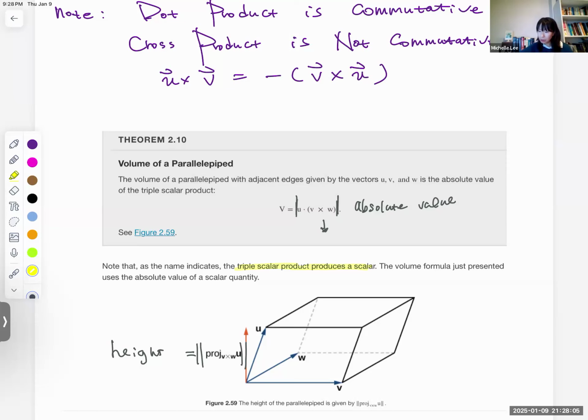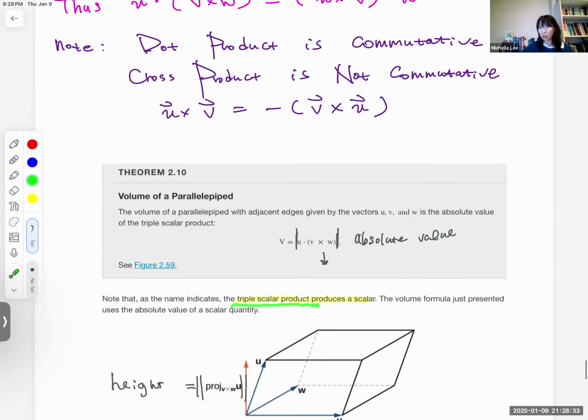Okay, so then the volume formula is U dot product with V cross product with W, right? Now we're going to have an absolute value because we don't want a negative volume, right? We just learned that the triple scalar product produces a scalar.